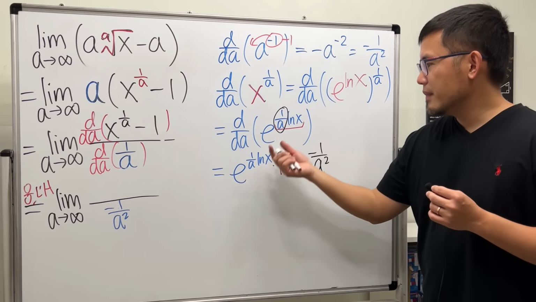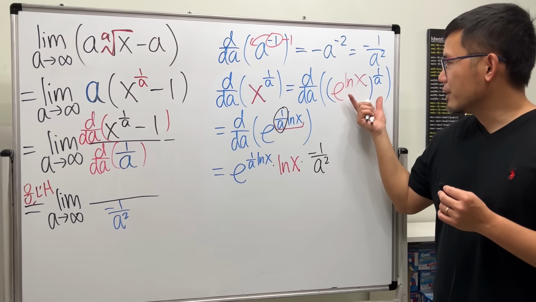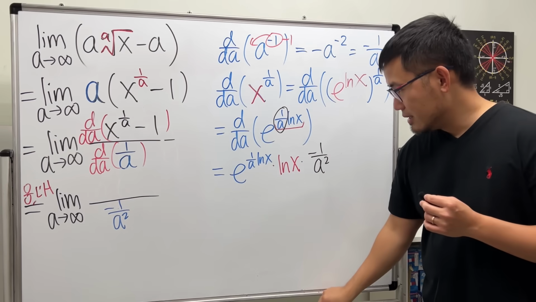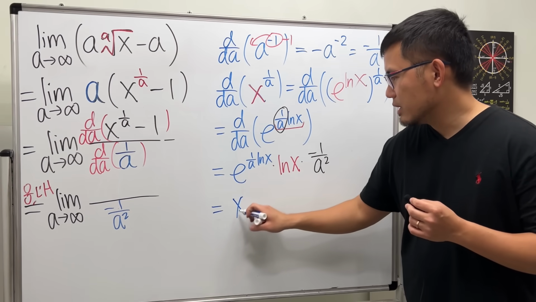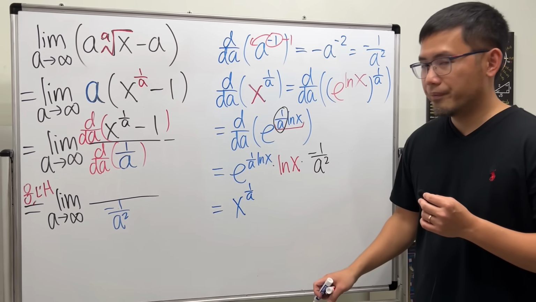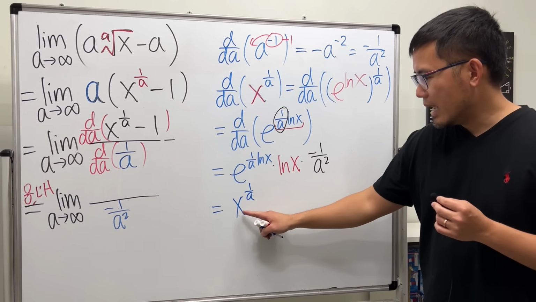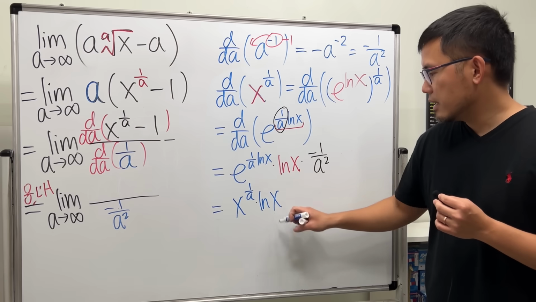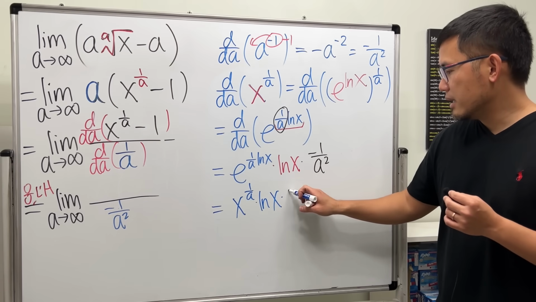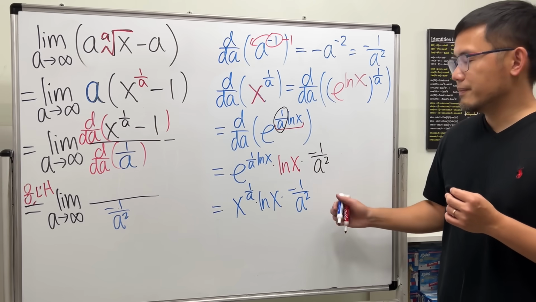This part is from here, it's from here, it's from here. So this part is the same as x to the 1 over a power. And then you multiply by ln of the base. And then lastly, you multiply by negative 1 over a squared.